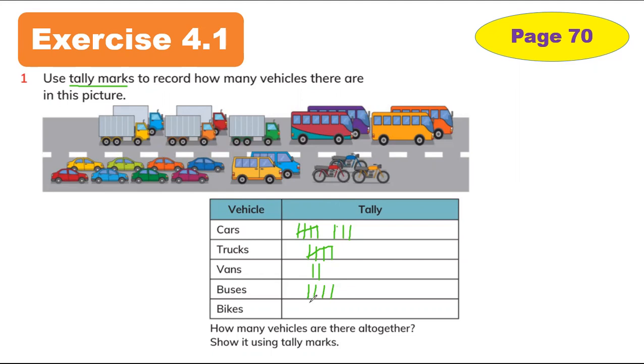There are 3 bikes. There should be 3 tally marks. Okay, so in this way you can learn how to put tally marks. Every 5: 1, 2, 3, 4, and 5. Okay, in this way you can make the 5 tally marks.